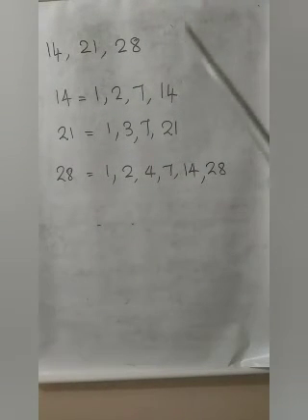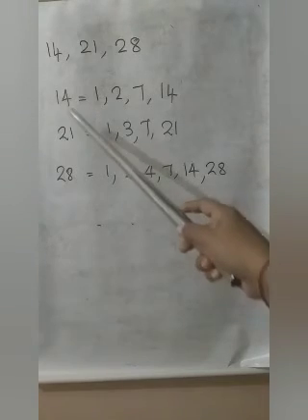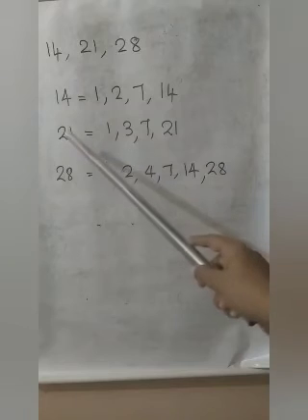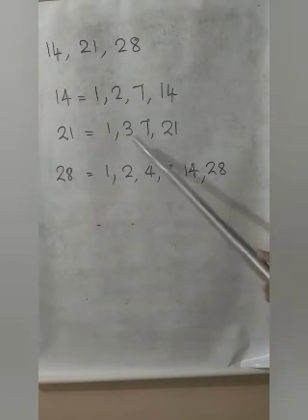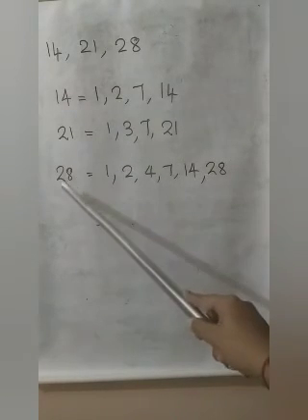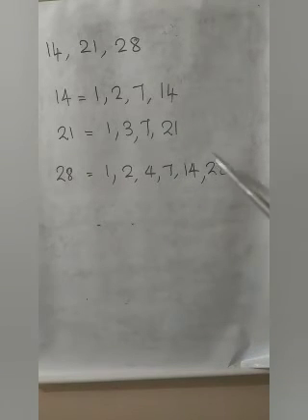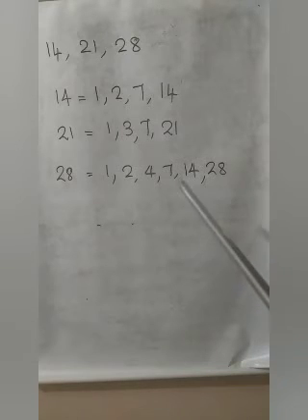First we are listing out the factors. The factors of 14 are 1, 2, 7 and 14. For 21: 1, 3, 7, 21. For 28: 1, 2, 4, 7, 14, 28. If you miss out any factor from the list, your HCF will be wrong.